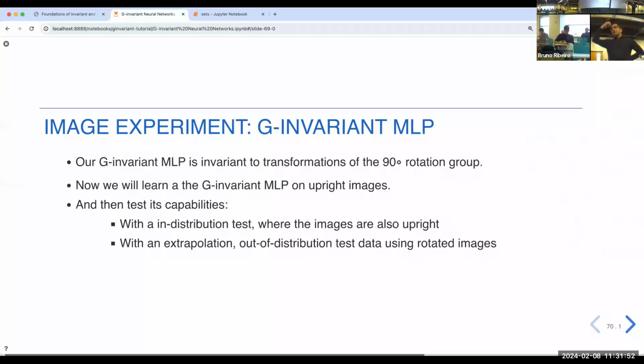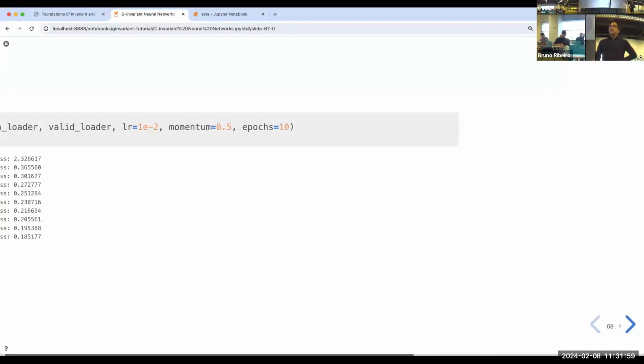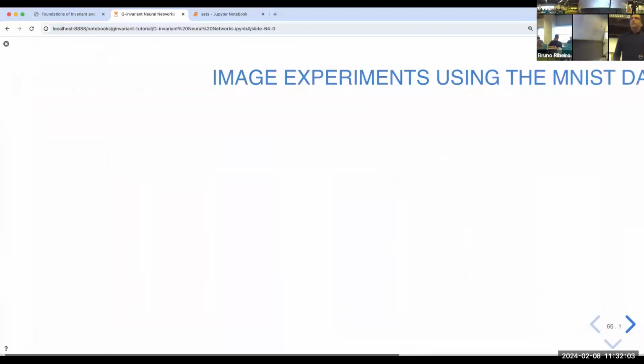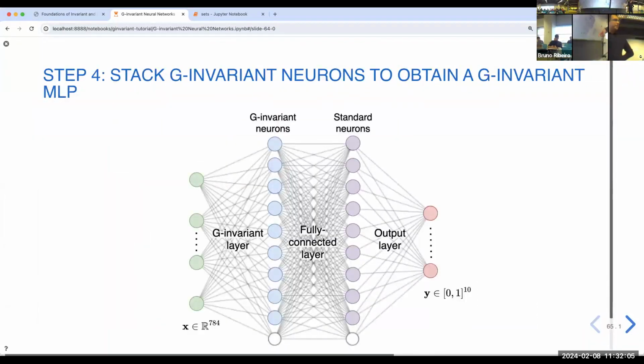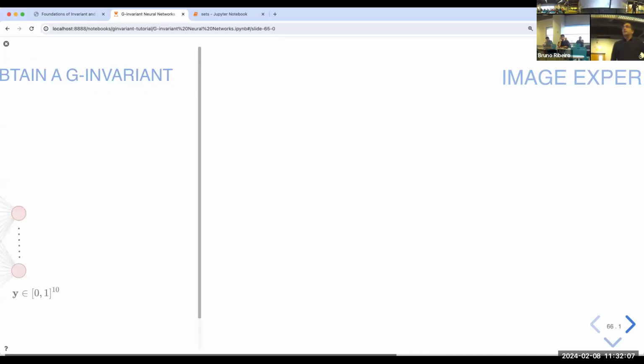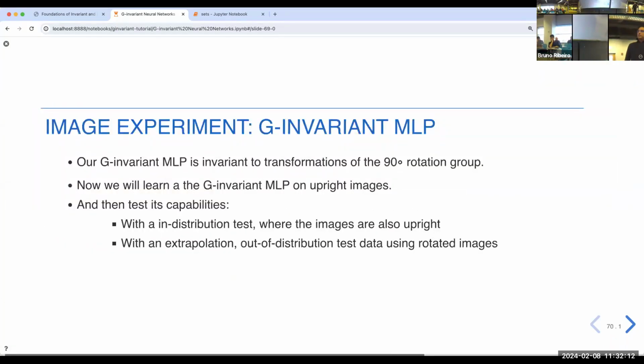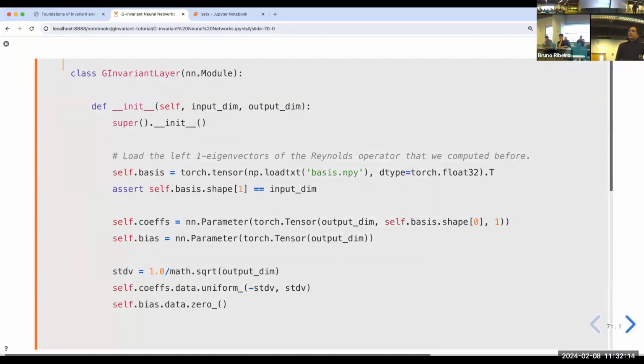Okay, so let me talk about the experiment for the G-invariant then. Our G-invariant is going to be exactly the way that I'm showing here. It's an MLP neural network with the G-invariant neurons first. We save the basis of the eigenvectors, and then we load them.